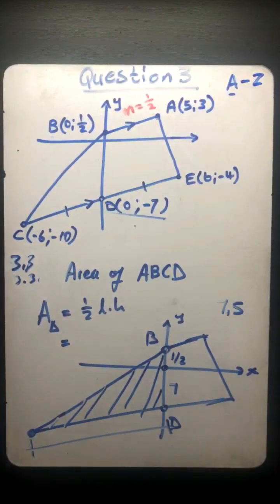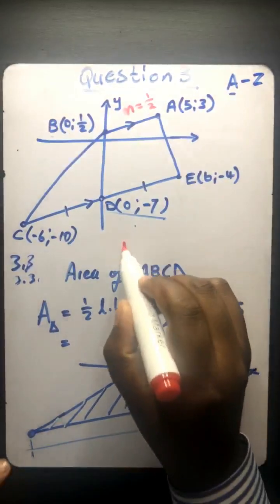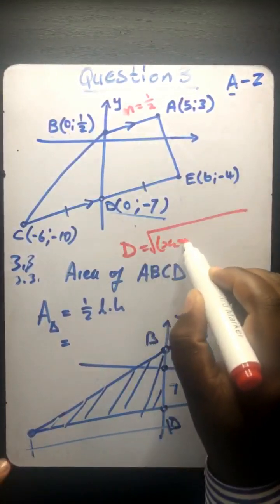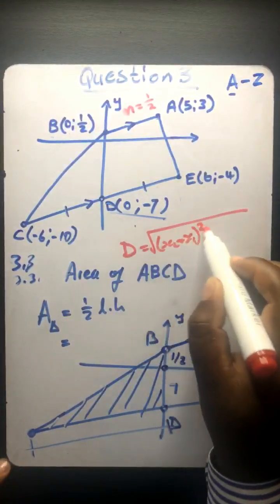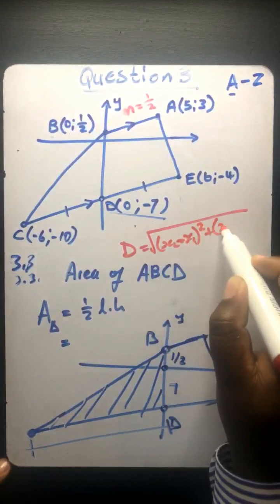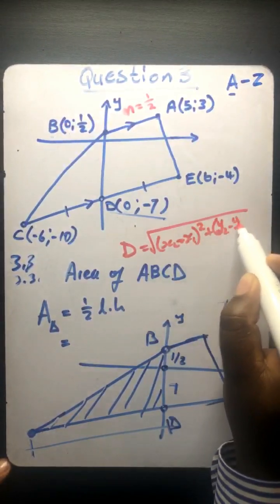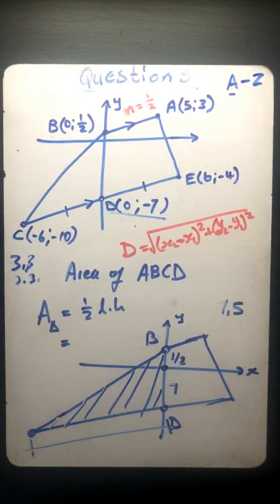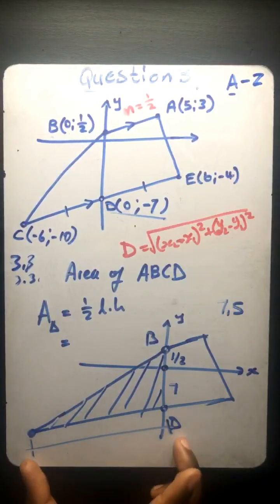Obviously, to calculate that distance, you need the distance formula, which says d is equal to the square root of (x2 minus x1) squared plus (y2 minus y1) squared. What is that distance of CD?